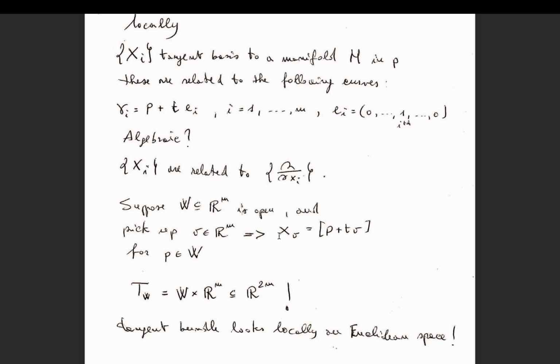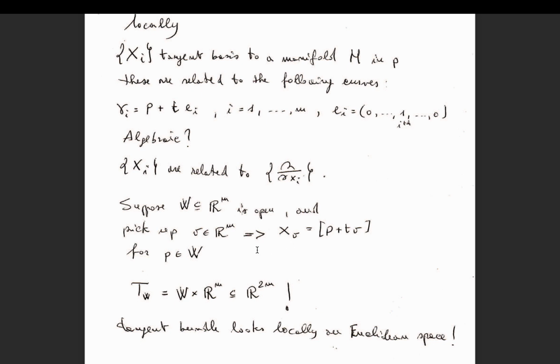These equivalence classes of curves tangent to point p are strictly related to the vector x_v itself. So x_v itself can be viewed as the equivalence class of the curves p plus vt.